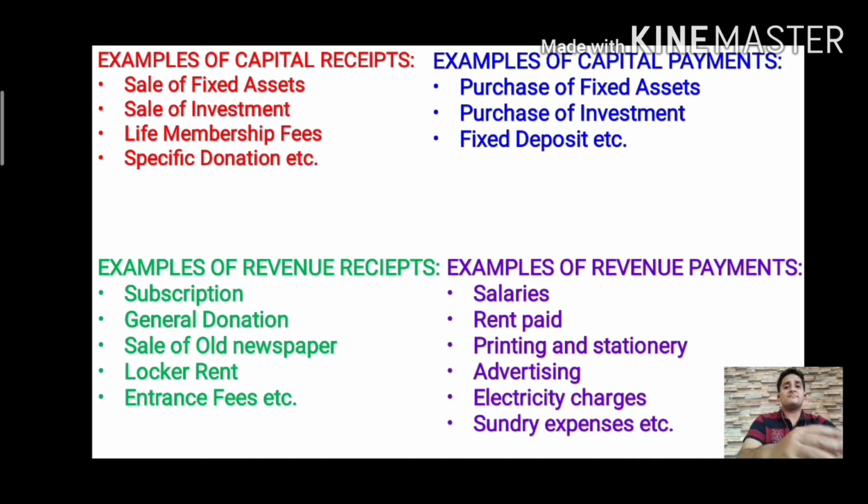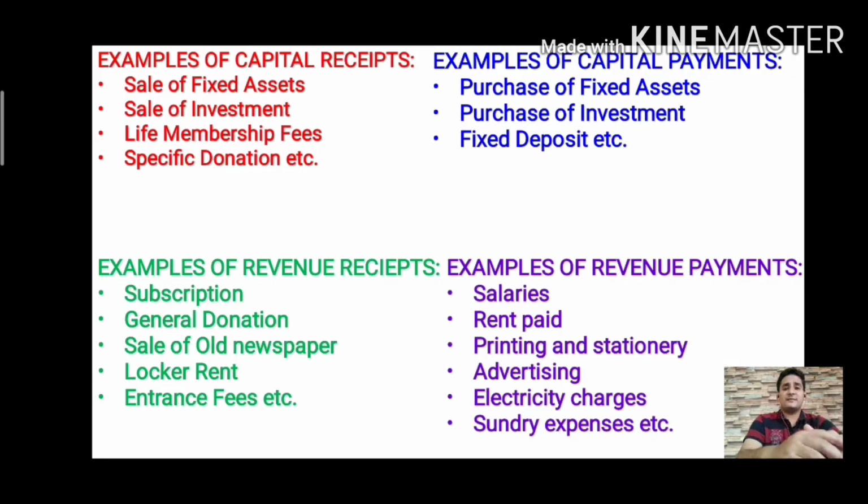To avail these facilities, you have to pay some fees every month or every year to that institution. So that fee is called subscription. Subscription is a receipt for the organization, and it is a revenue receipt. Next, general donation.